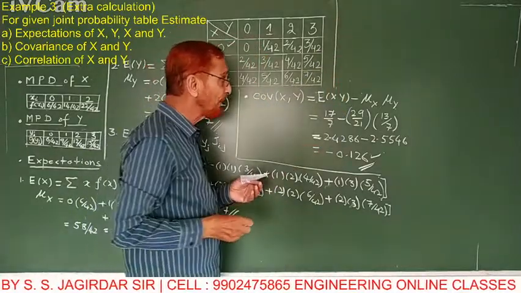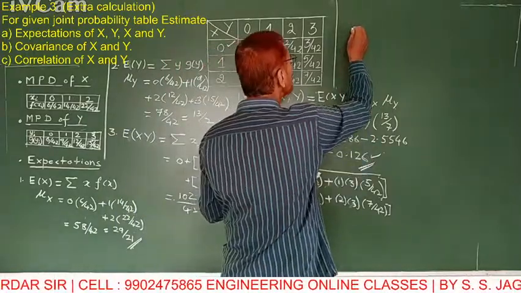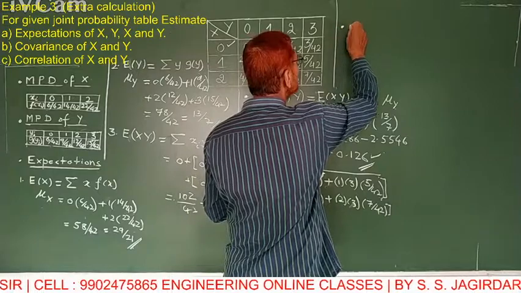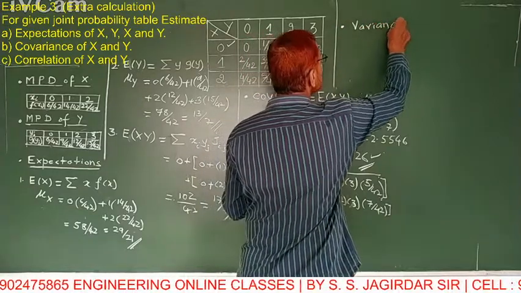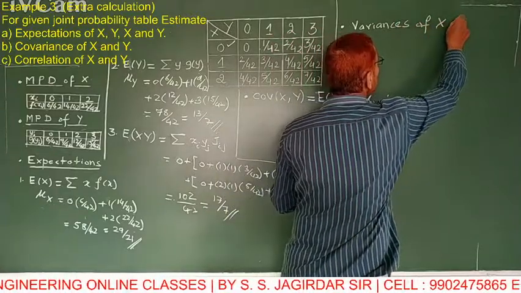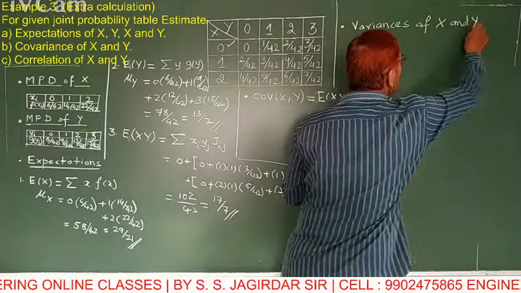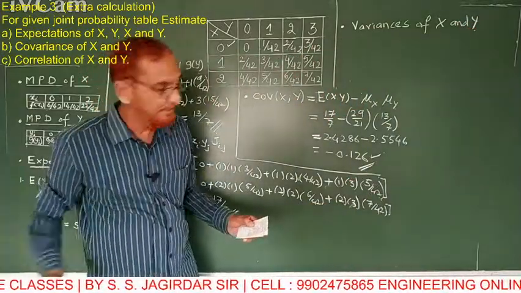Please see here, for correlation what you require, first you have to estimate the variance of X and Y. Okay, now how to take up the variances?